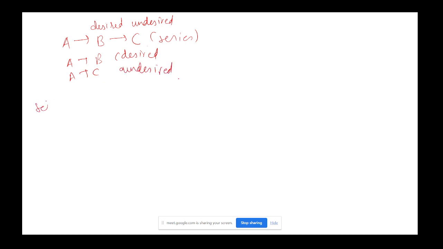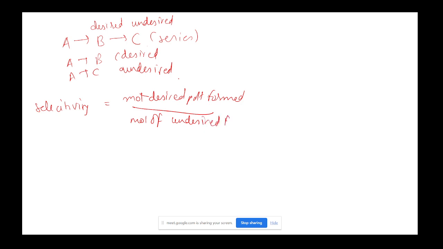So what does selectivity mean? It is the moles of desired product formed to moles of undesired product formed. So we always want this selectivity to be high because it is always required that moles of desired product is larger than what is undesired. So we try to optimize with this selectivity.